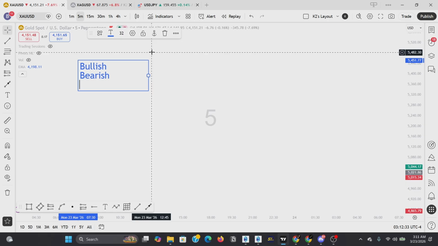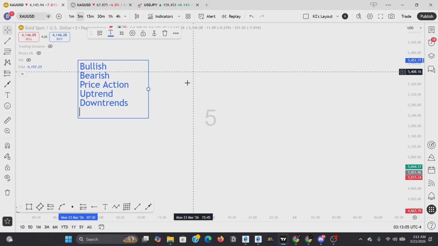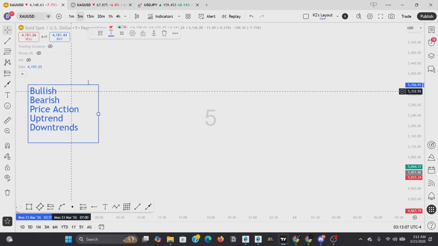Third word would be price action, because that's what we trade. Uptrends, downtrends. That'll be it for right now. We'll just use these for right now.